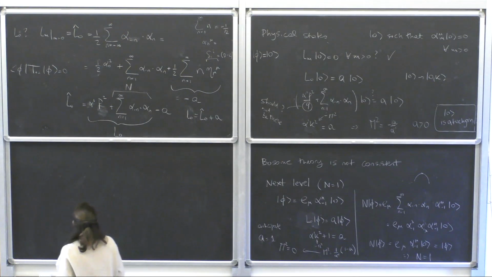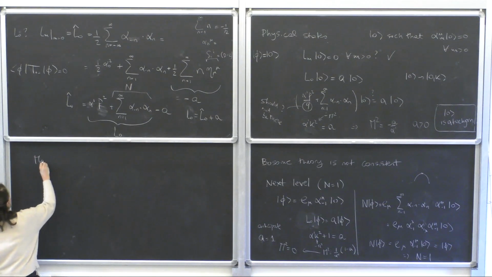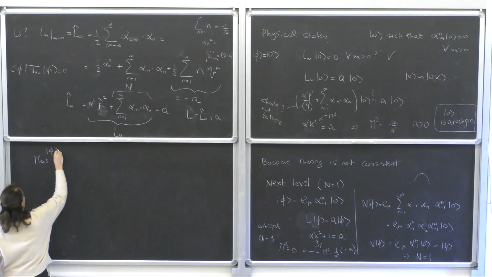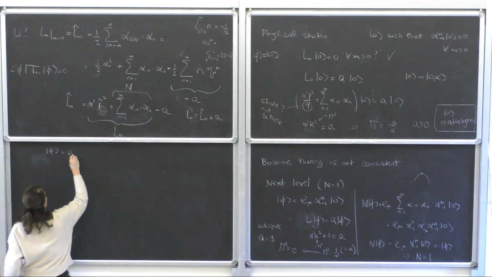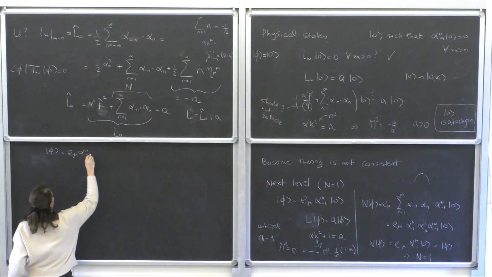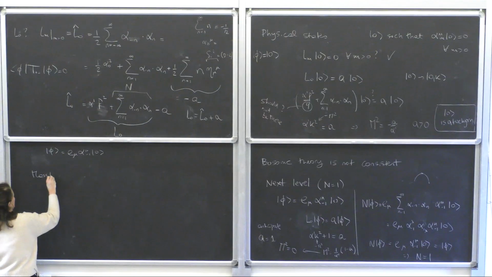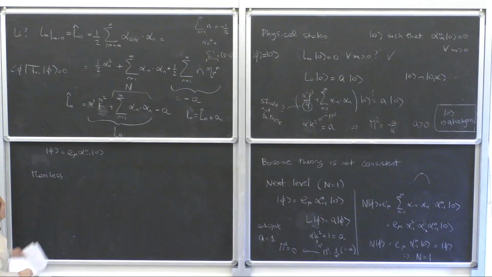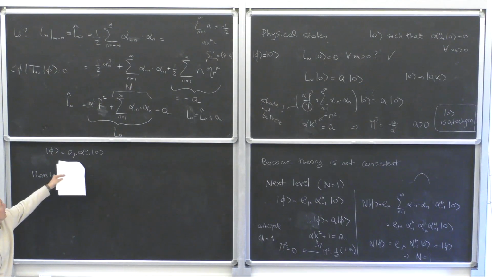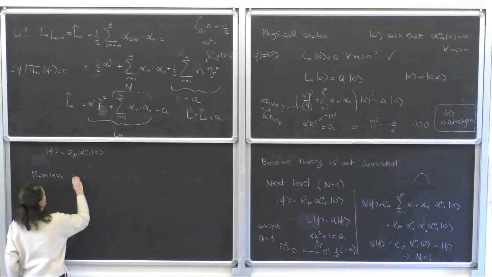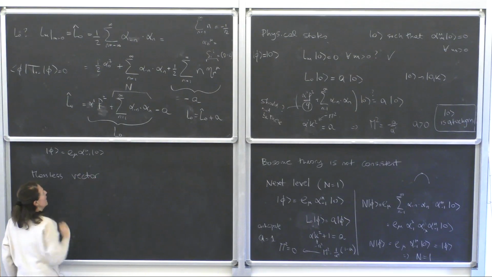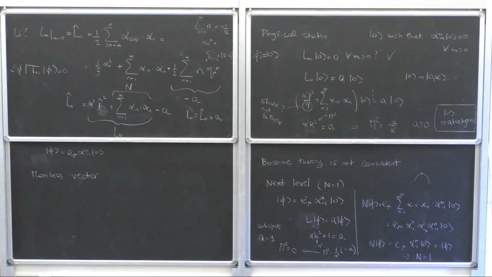So this is a massless state. So phi equals E mu alpha mu minus 1, 0 is a massless state. And it's a vector, right? It has one vector index. So this is a massless vector. We like massless vectors, right? I like massless vectors. Do you like massless vectors?